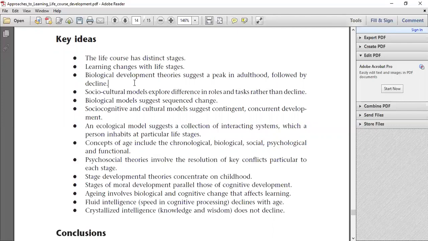So in this course, let's begin with the developmental theories. There are biological development theories, as you can see. According to biological development theories, you start growing and reach a peak, which is your adulthood, and after that the decline starts. By decline I mean you are not growing anymore.